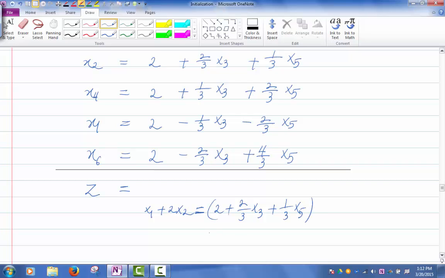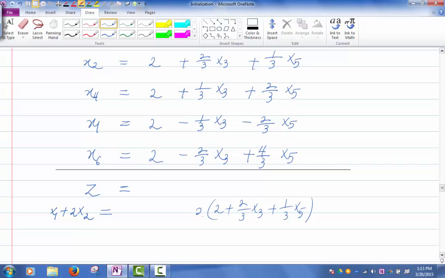And then what is x2? x2 is, oh, you know what? I wrote x2 first. If you don't mind, let me just do the following, okay? We have x1 plus 2x2.